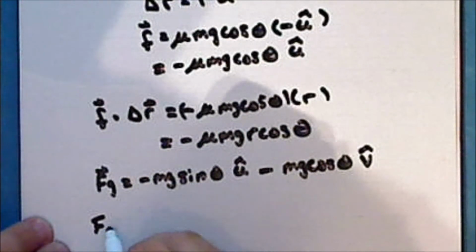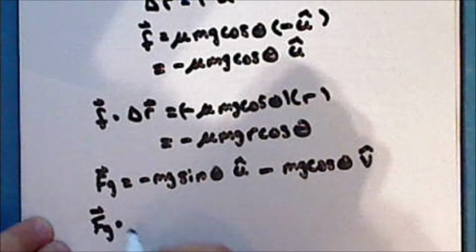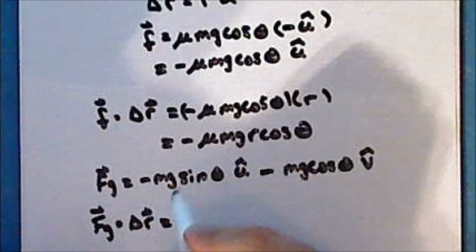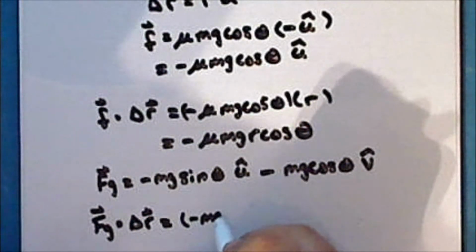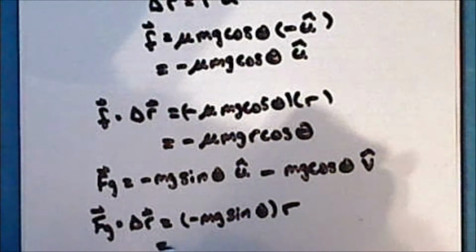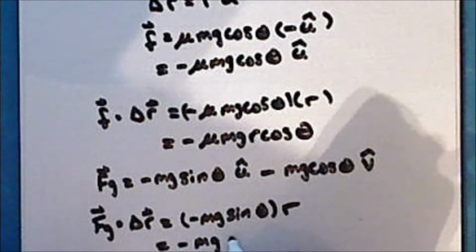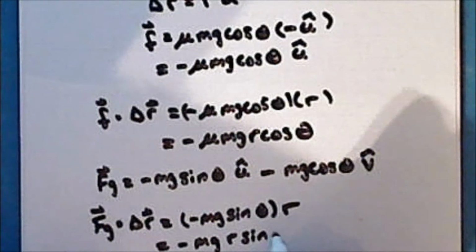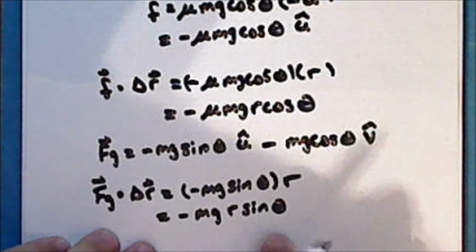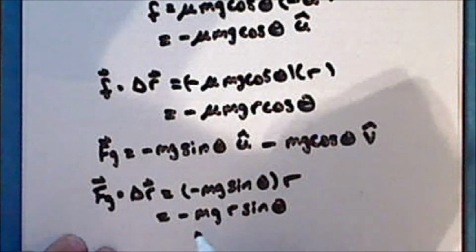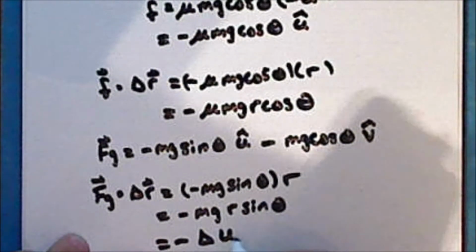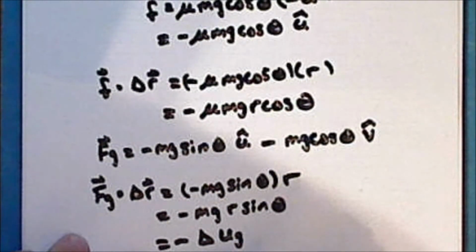And so the dot product of the gravitational force with the displacement vector is negative mg sine theta times r, or negative mg times r sine theta, where r sine theta is the vertical displacement. And so this is the negative of the change in the gravitational potential energy.